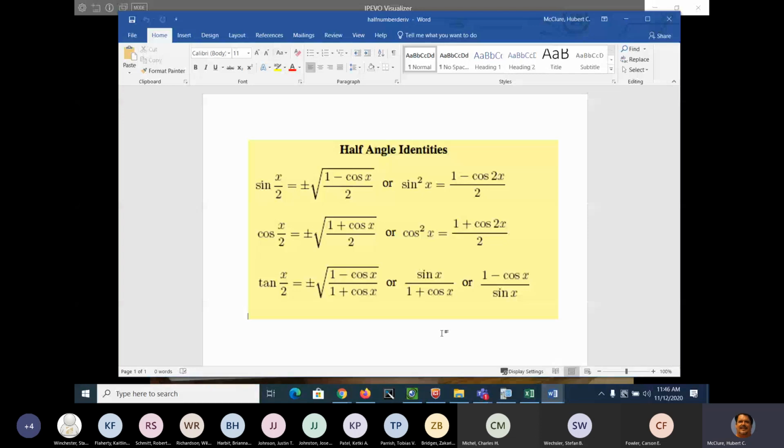And if you did the derivation, you could either get the sine over 1 plus the cosine, or you can get 1 minus cosine over the sine. So I guess the best thing for you to do is just make sure you have this cheat sheet.